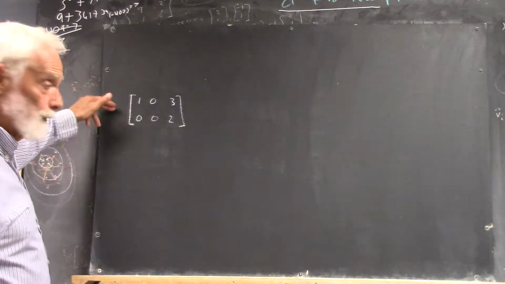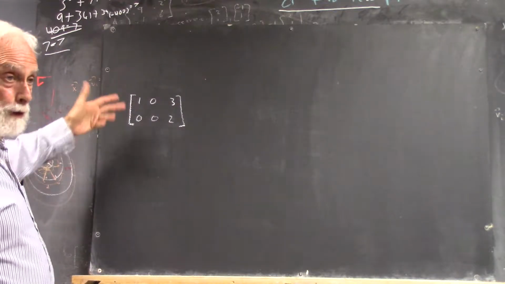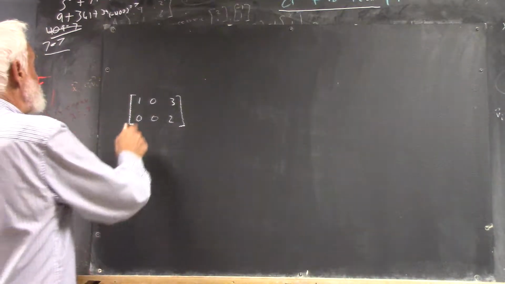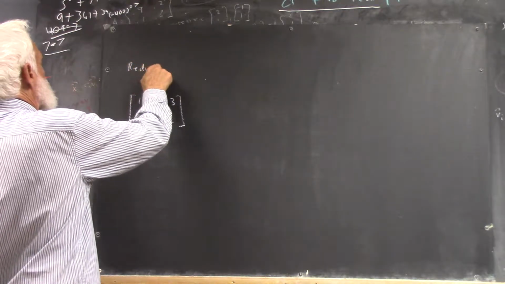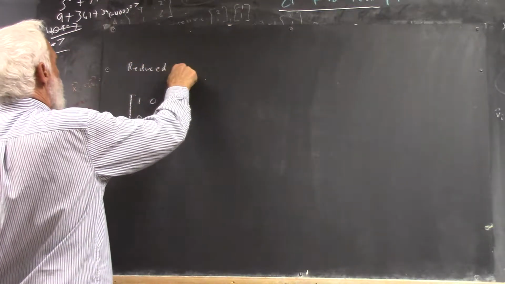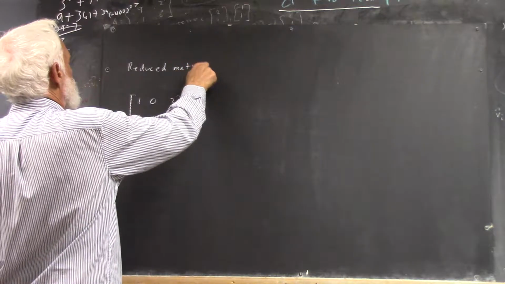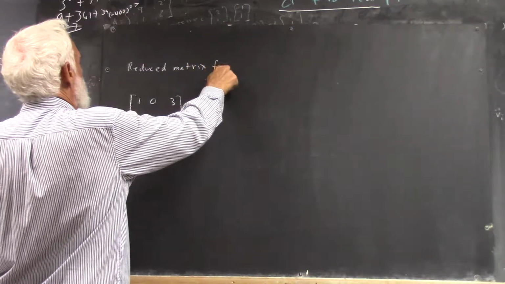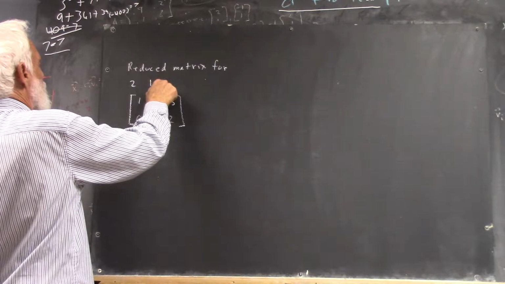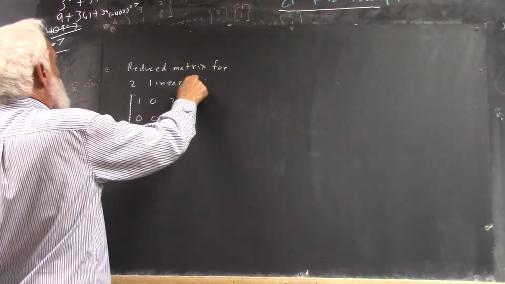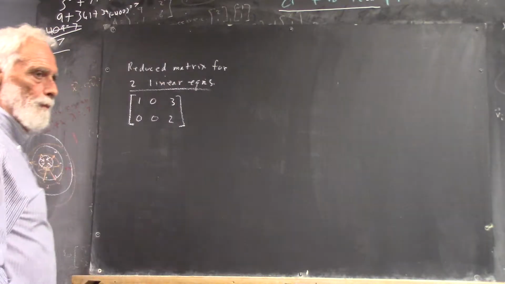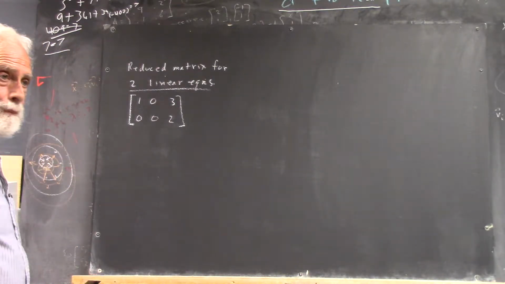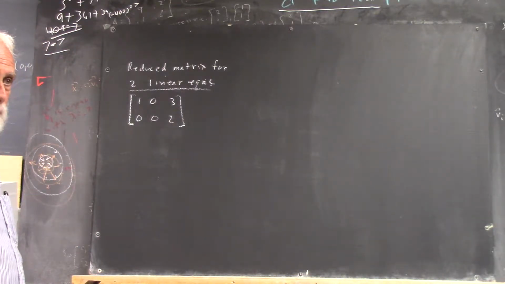This is a reduced matrix for two linear equations, okay? So what's this mean about the lines on your graph?